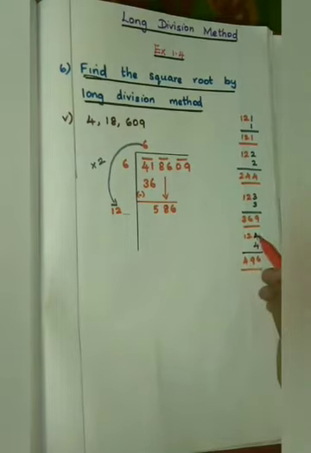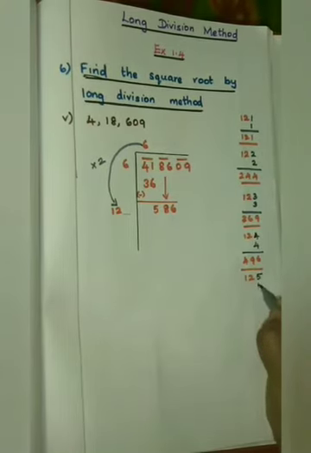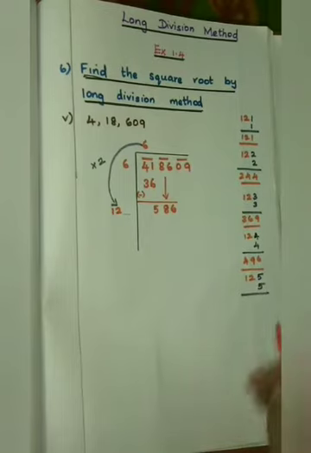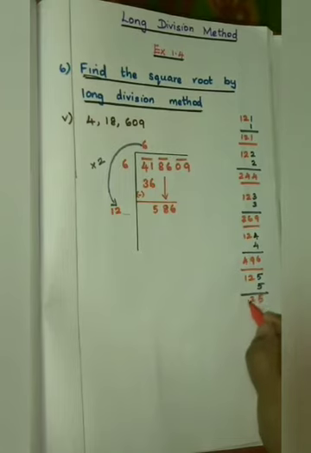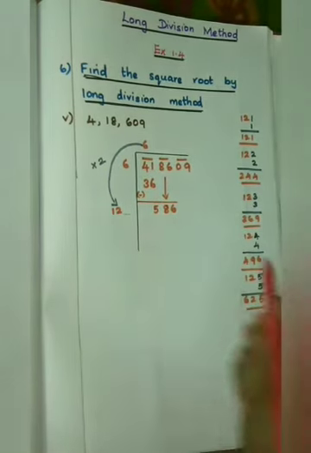So let's move on to the next number, 5. Now multiply 125 by 5. 25, 2, 10, 12, 1, 6. 625, which is greater than 586. So you stop it here.